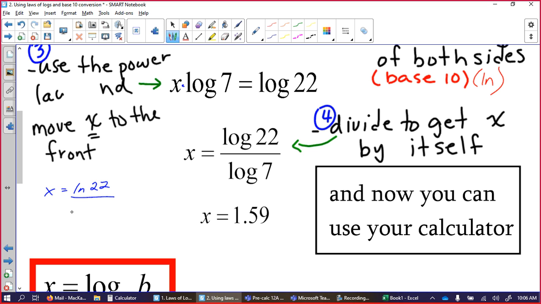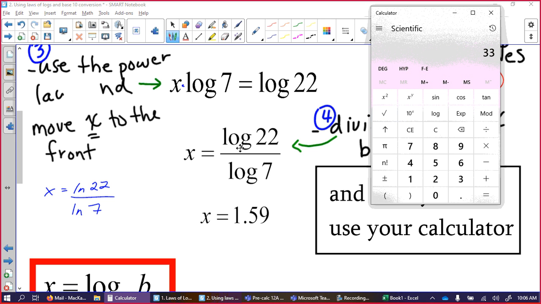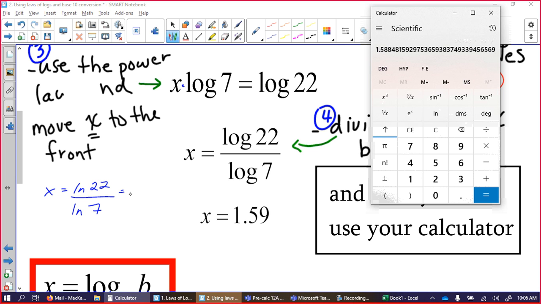If I do that in the calculator, I'm going to do 22 log divided by 7 log equals 1.58. With 22 ln divided by 7 ln, even though these numbers are fundamentally different, it works the same way.